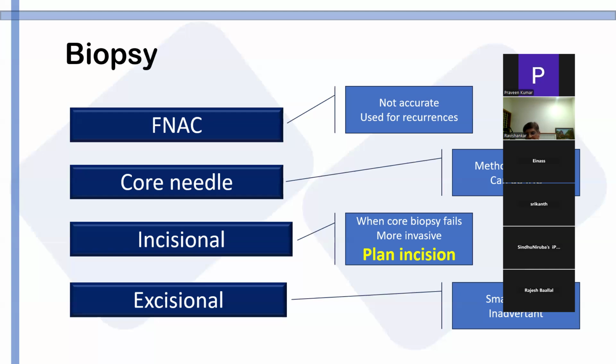Less invasive, not non-invasive, and it gives you all the information that you need, and then you can plan the treatment. But you need to do an incisional biopsy when core biopsy fails. If you don't get the essential information that you want, then you need an incisional biopsy. So when you do either a core needle biopsy or an incisional biopsy, you have to plan your incision well.